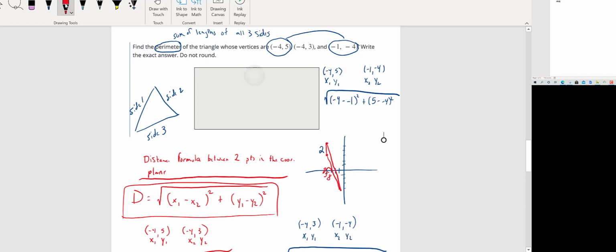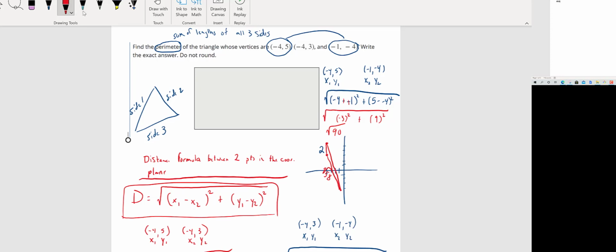There's my setup. And I am getting the square root of 90.